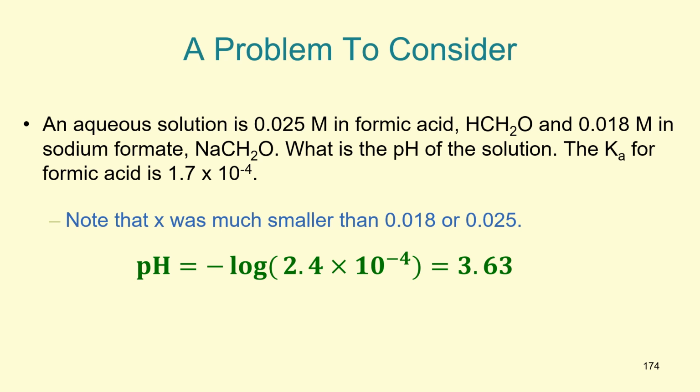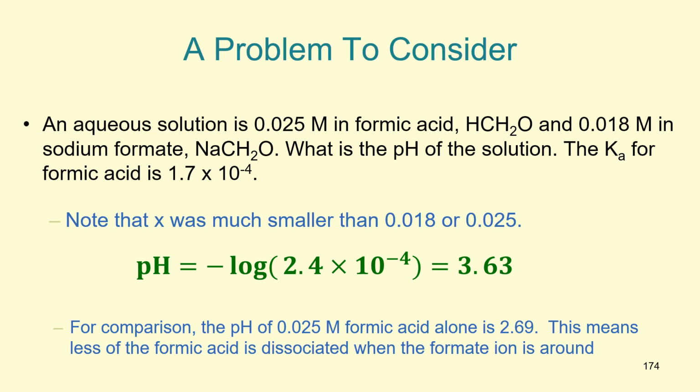And since x is equal to H3O plus, we can find the pH, 3.63. Just as a comparison, and you can do this problem for yourself, if you started out with 0.025 molar formic acid and you didn't have any of the sodium formate in the solution, that would have been 1.7 times 10 to the minus 4 equals x squared over 0.025 minus x.